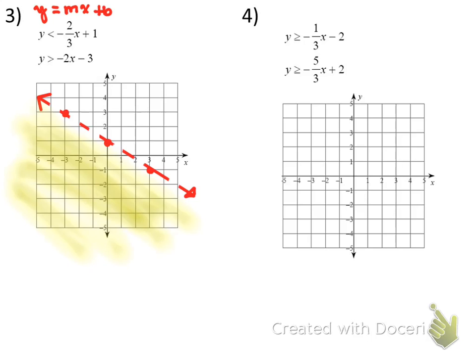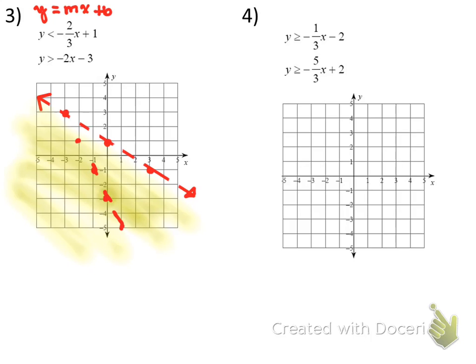Number 3, the y-intercept is -3, so you put down -3, and your slope is -2, so you go down 2 and you run 1. So you should have a point here, and it should go the opposite way too. This is also a dotted line.